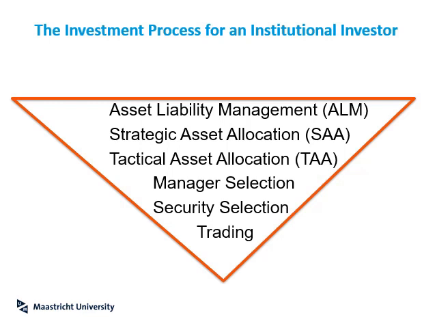Key in all of these steps is that first you need to figure out what's my investment objective. What's my objective for the long run, which in this case we could call a liability. So it could be for an insurance company, you have to pay out a life insurance policy at some point, or for a pension fund that you need to pay pensions at some point in the future.